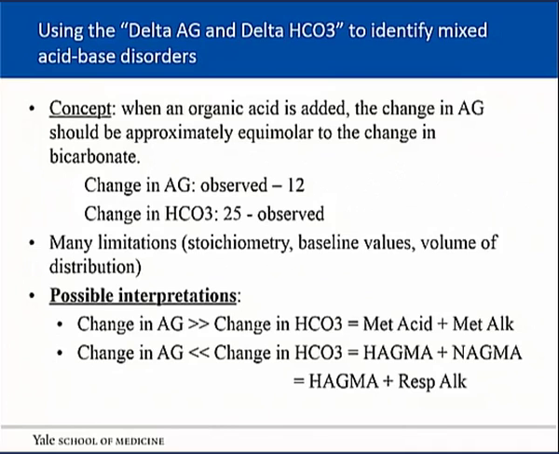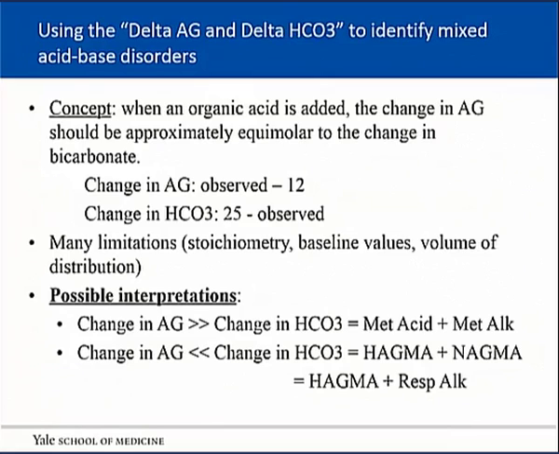And the way you calculate that change is you take the change in anion gap, you do what's observed, and you subtract 12, which would be sort of the upper limit of normal. And the change in bicarbonate is you start with 25, which would be the approximate normal level, and you subtract from that the observed one.